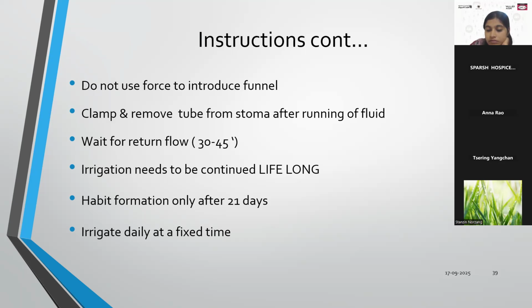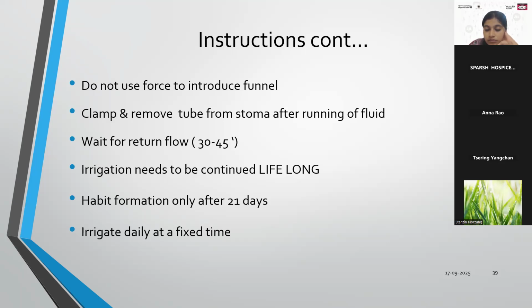Then one has to wait for around 30 to 45 minutes for the return flow. Once the fluid is inside, you have to remove the cone and clean it. Then the patient has to wait for 30 to 40 minutes, and then the return flow will come. With the help of the irrigating bag, it will go directly into the toilet.